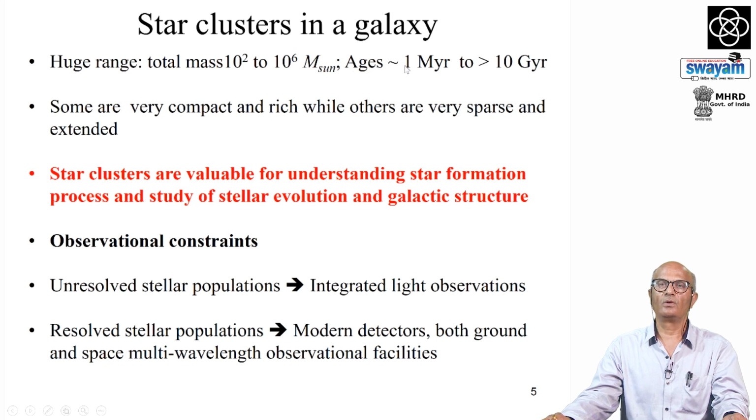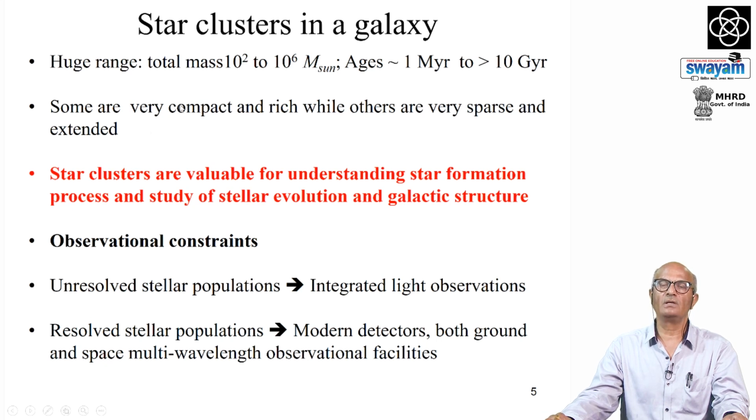Ages could be a few mega years for the youngest objects, to the oldest, which are believed to be as old as our universe, so more than 10 giga years. It is because of this reason that the ages of globular clusters are used to constrain the age of the universe also.